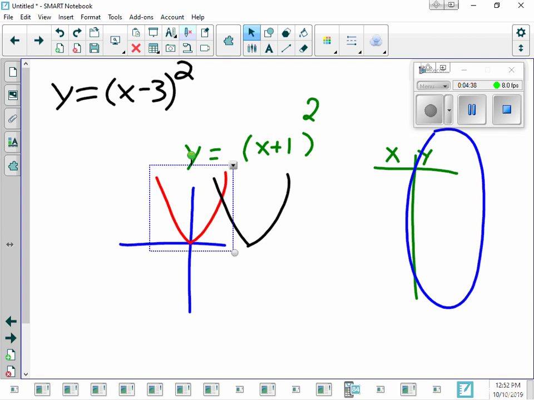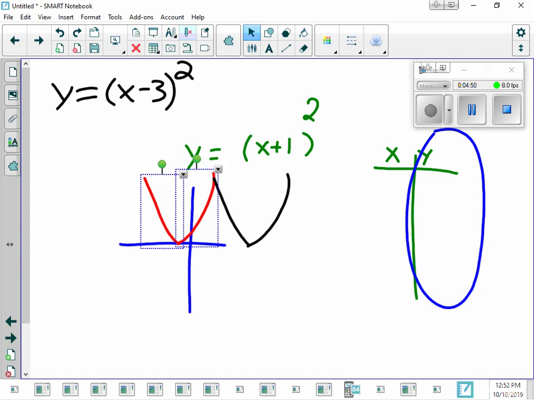Well, where can I put the graph? What do I need to do to this graph so that something plus 1 squared still gives me 0? And the answer is all of these points over here to the left. Okay, so it's basically asking, where does the graph need to be in order to compensate for what's inside the parentheses. I don't know if that made any sense or not.